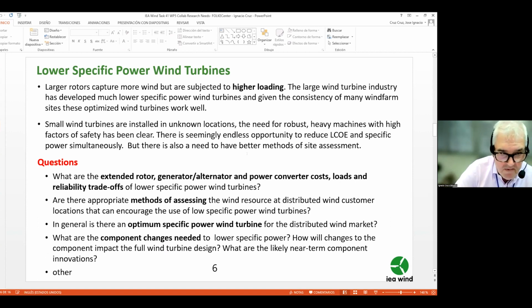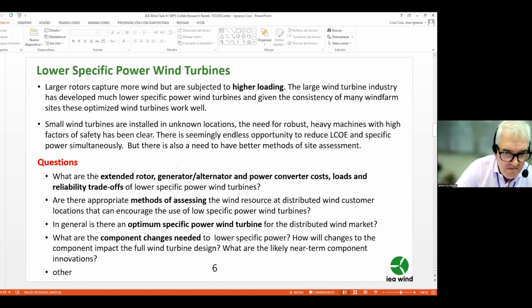problems or barriers. Because small wind turbines are installed in unknown locations, developers or OEMs tend to design heavy machines with high safety factors. So in one way there is an opportunity to reduce the cost if we develop better solutions.